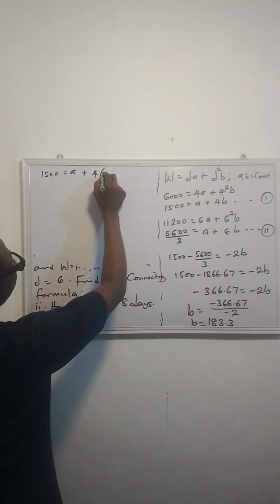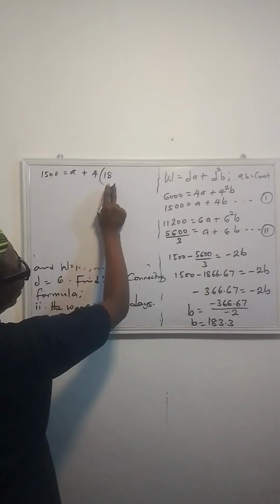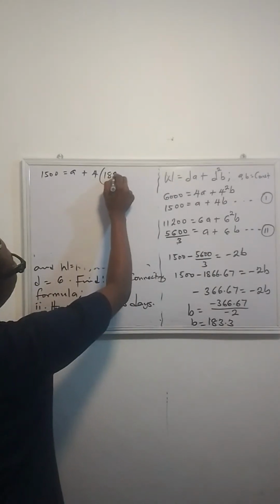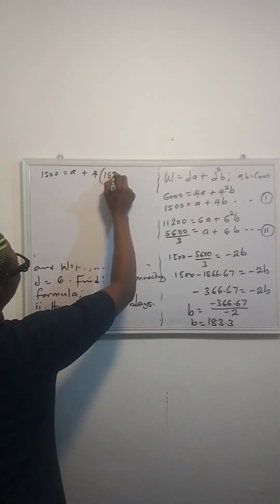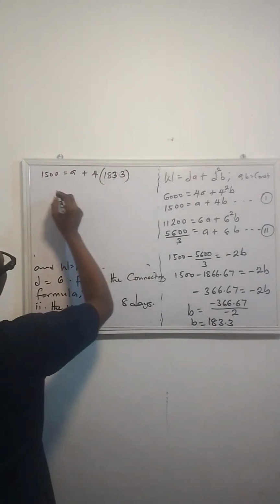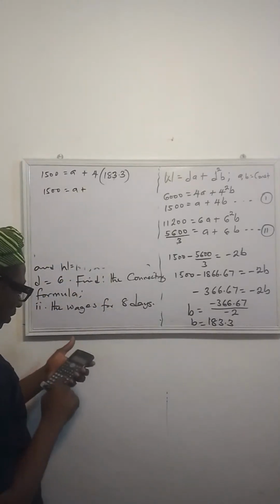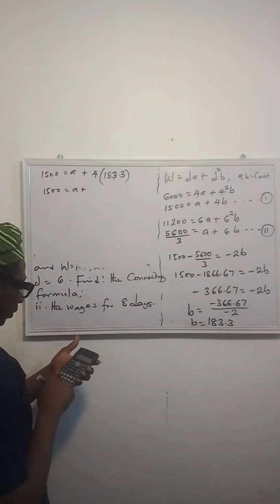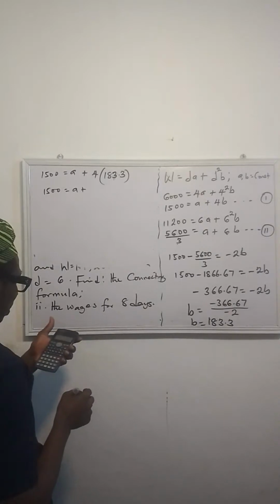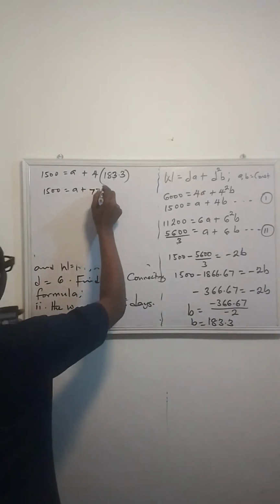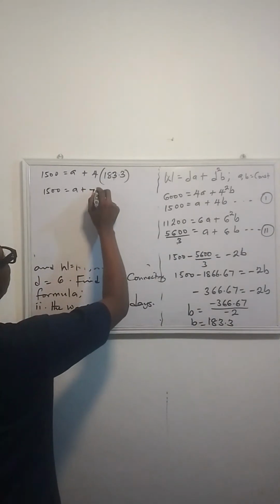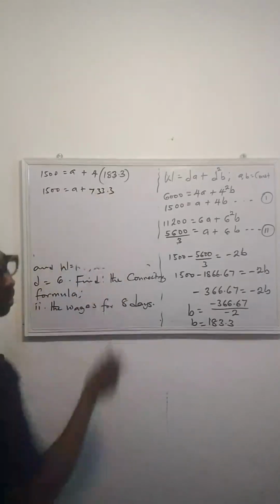Now B is 183.3. Okay, so we have 1500 equals A plus, when you multiply that by 4, what do you have? 733.3.